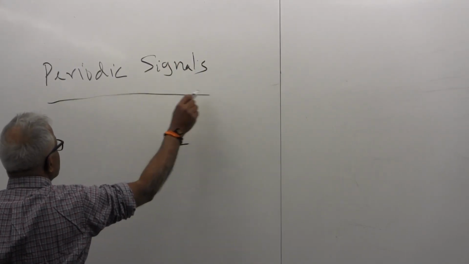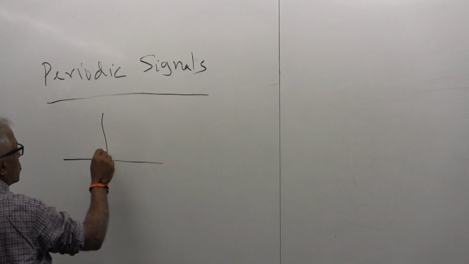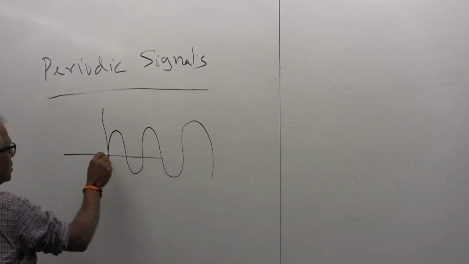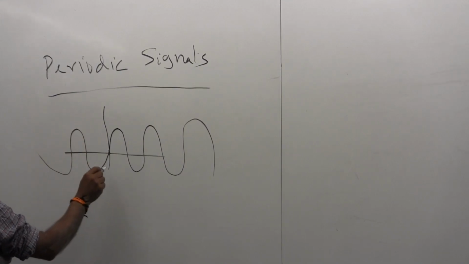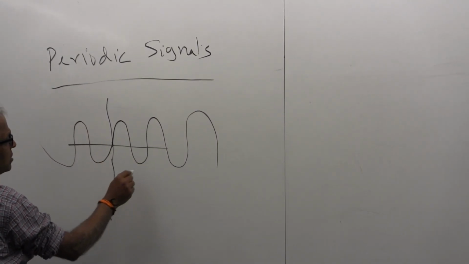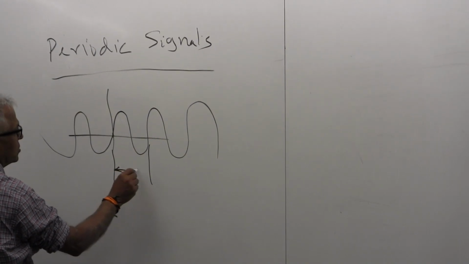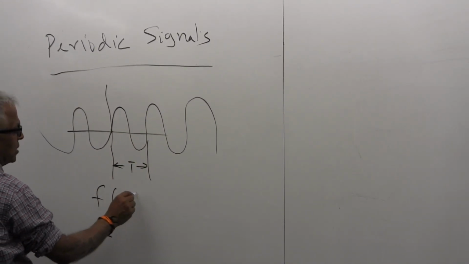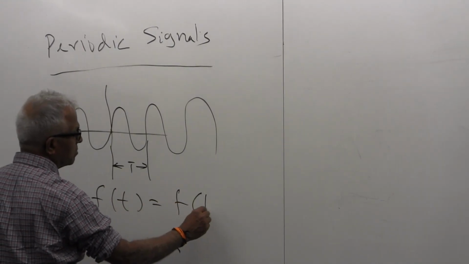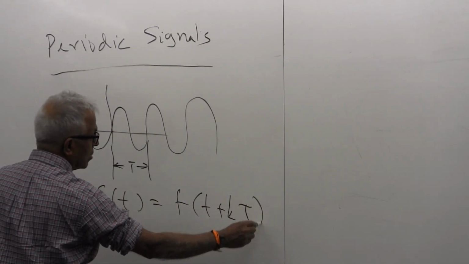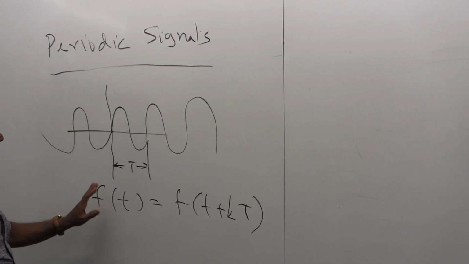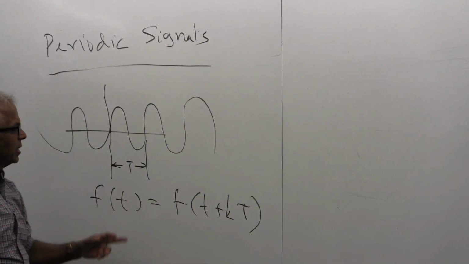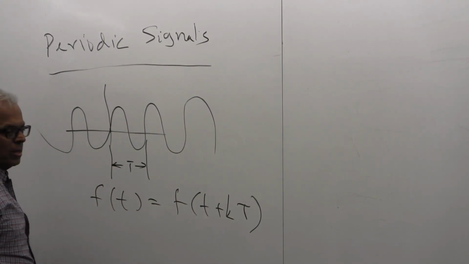As he said, the simplest periodic signal is a sine waveform or a cosine waveform. Sine goes like this, and it repeats. This is called the period. What is a periodic signal? Any signal that is the same if you shift it by some multiple of capital T. Capital T is called the period.